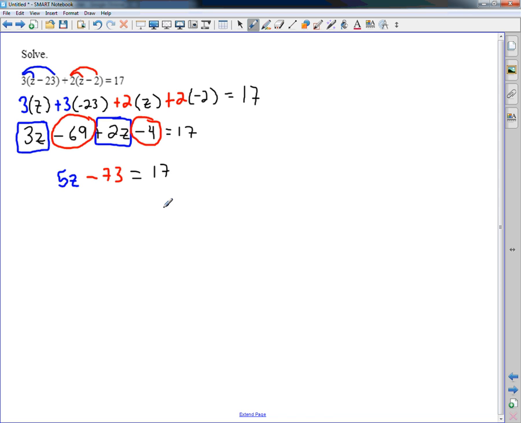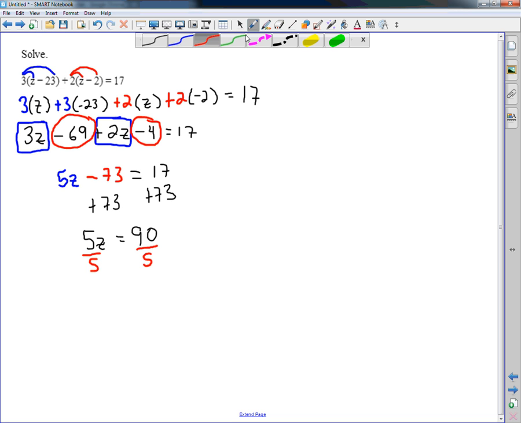So we have an equation where we're going to solve for z. We have a minus 73, so we're going to add 73 to both sides. And that gives me 5z equals, looks like 90. Then our last step is to divide by 5, and we get z equals 18.